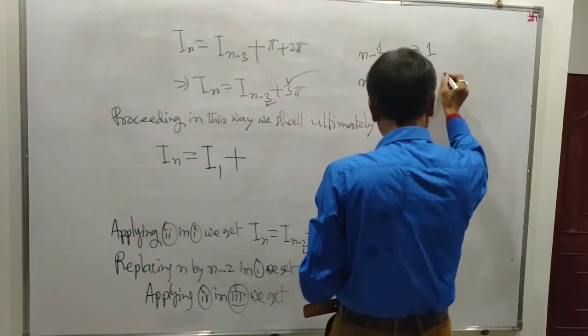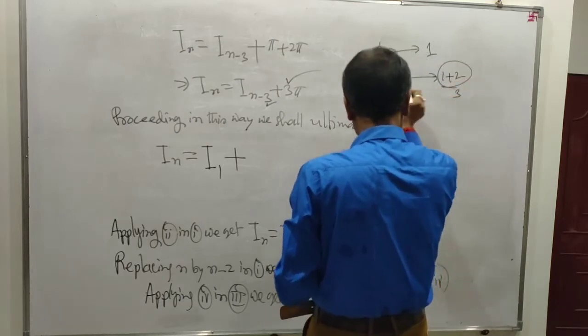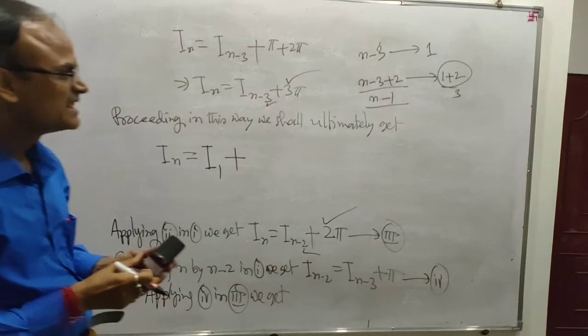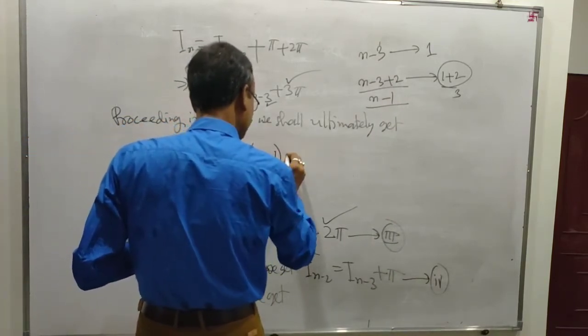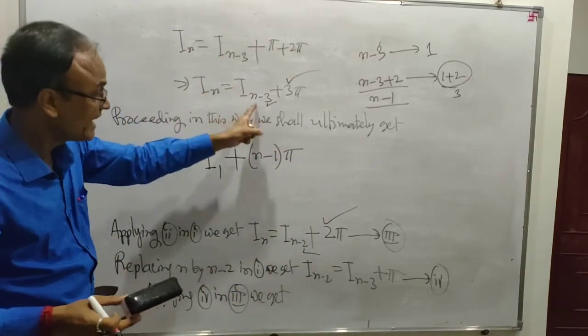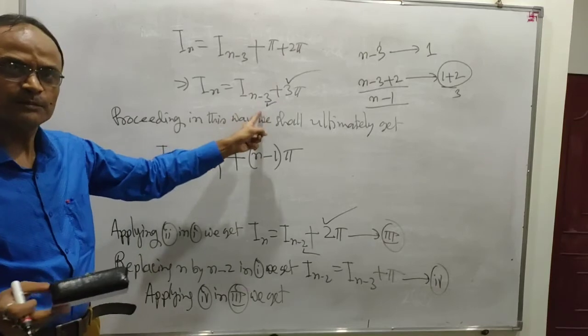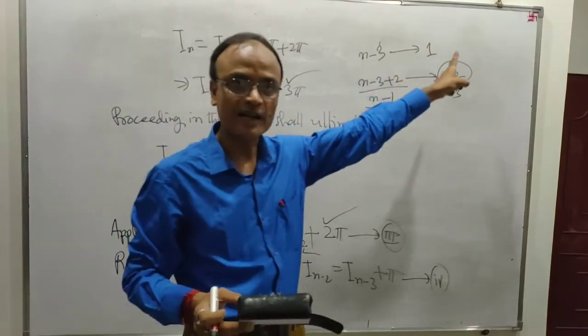Plus 2. 1 plus 2. For 3, we must write n minus 1. It will be n minus 1 times pi. You see here, to get 1 from this term, n minus 3 has been replaced by 1.